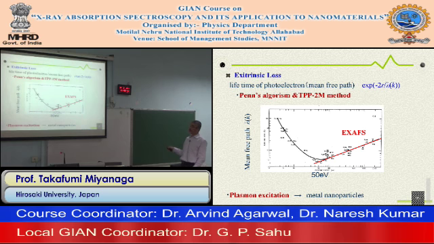A useful algorithm for calculating the mean free path is Penn's algorithm. This plot shows the energy of electrons and the mean free path.